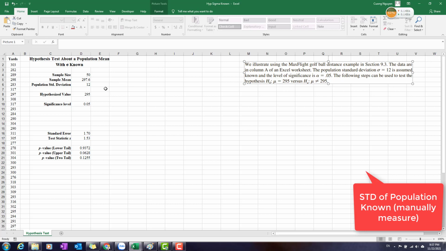In other words, the population variance will be 12 squared, which means 144.